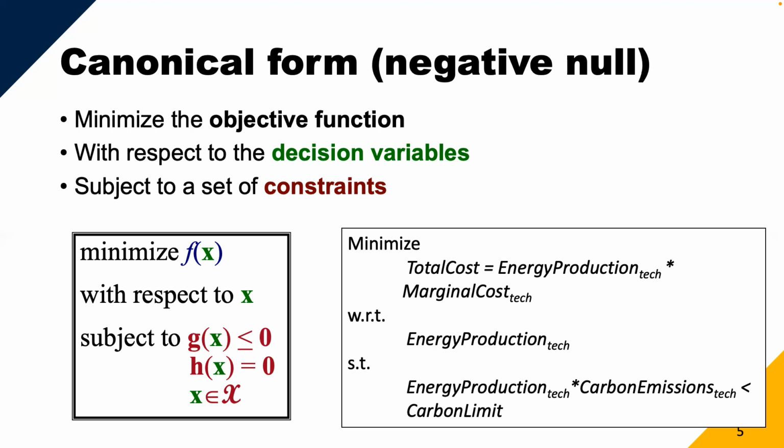So yeah, kind of. So you can do it like that. What would happen if you took the first derivative of energy production? Or sorry, of total cost. Well, what would happen if you took the first derivative of total cost? What would the answer be?